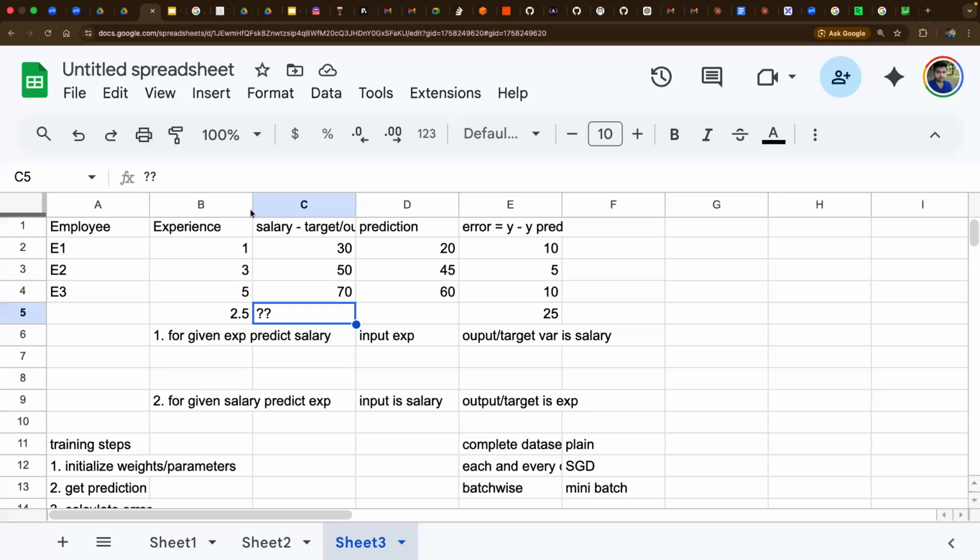So we had discussed this, and there are two main problems that we always solve in machine learning: one is regression and another one is classification. What is the difference?